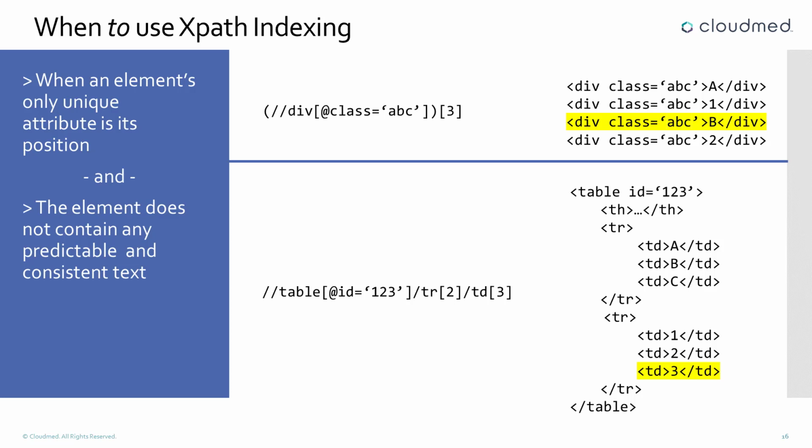We have to also select on position in this case, or the element does not contain any predictable and consistent text. This is a pretty common example where there's a table that has a nice ID, but as soon as you get into the table rows and table data, stuff stops having any good IDs to look at. So you're going to have to rely on position instead. So we're looking at the second table row here and then the third table data inside of that, because that's the only good way to get to that element.